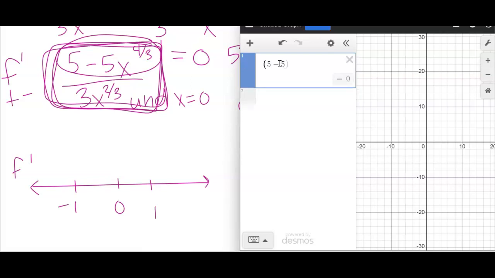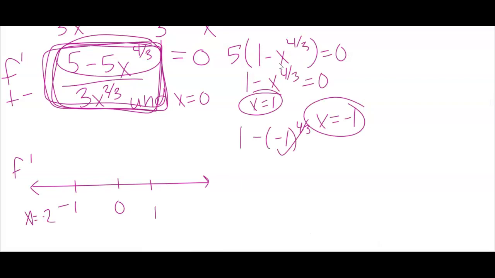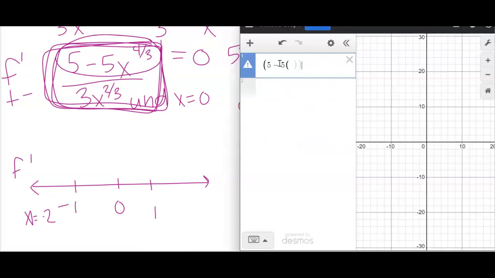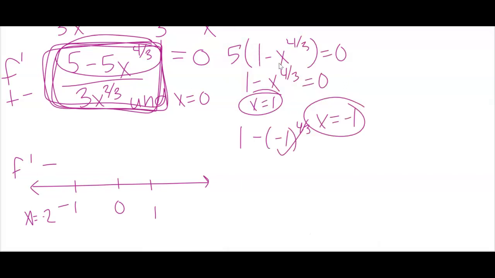5 minus 5, let's let x be equal to like -2, to the 4/3, all over 3 times -2 to the 4/3. Okay, I get a negative number.